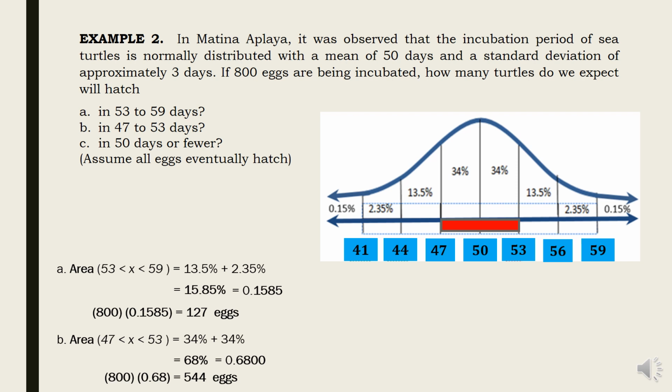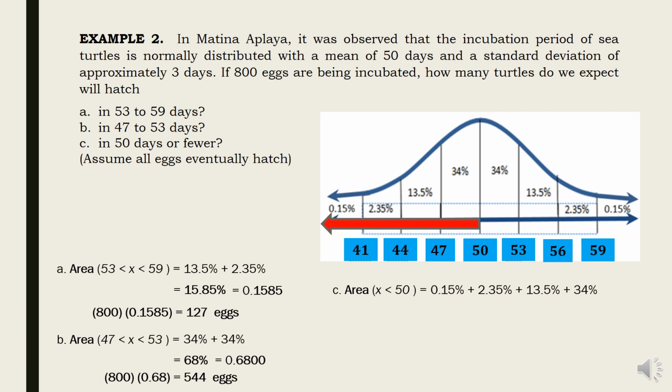Let's proceed to letter C. To find the area below 50 days, or in 50 days or fewer, let's go back to the normal curve distribution. It means that from 50 and below, we will add all the area of the curve.